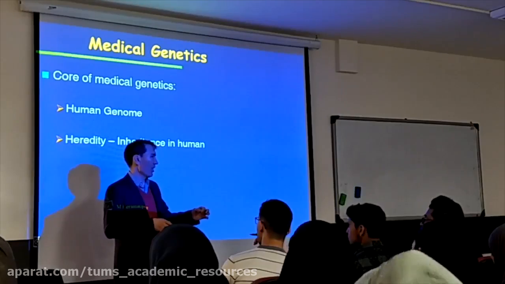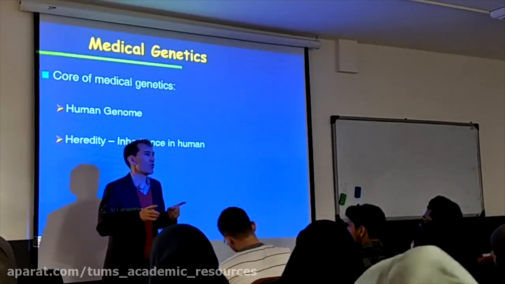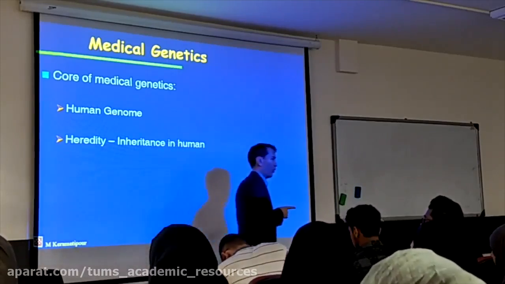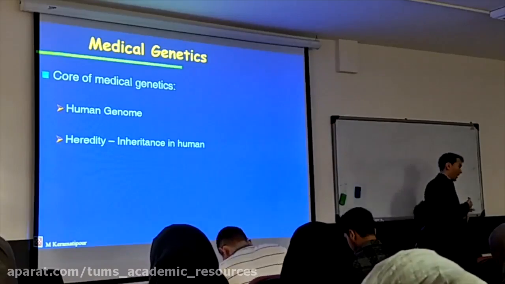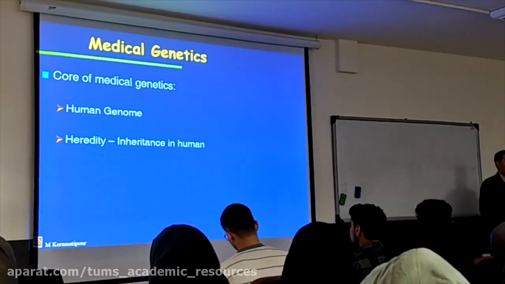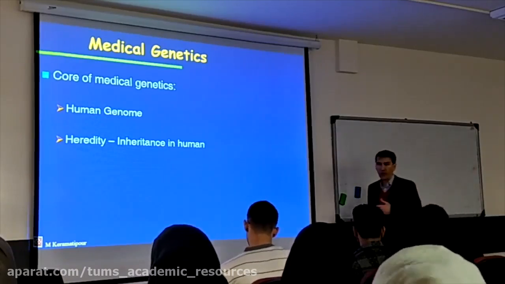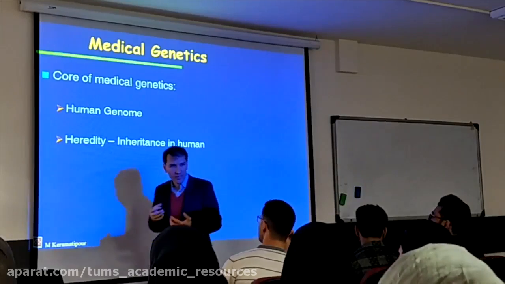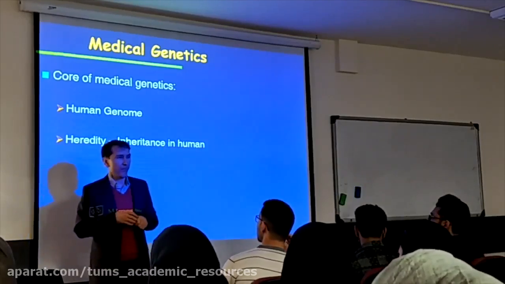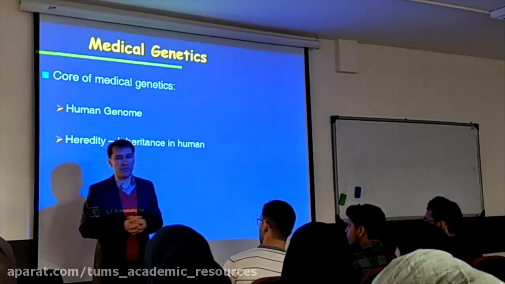That's why I asked what is genome as the first question. So first, you should know the genome very well. What is the human genome? What is its structure? What are the features of the genome? What are genes? What are the other sequences? And what is the role of all these different sequences? That's the anatomy of the genome, and that is the first step.